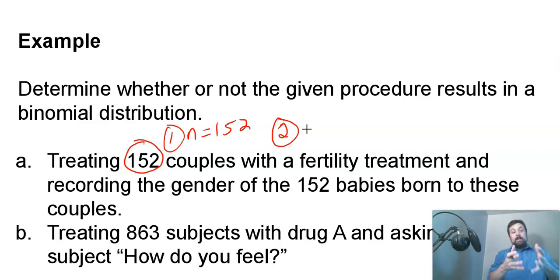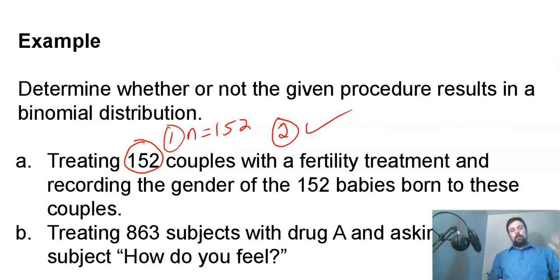Right? So based on what's given in part A, nothing there seems to indicate that requirement number 2 would be violated. The gender of the babies for these couples should be independent of each other, right? The gender of one couple's baby should not affect the probability for the gender of another couple's baby, all right?